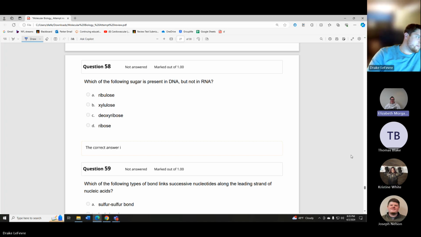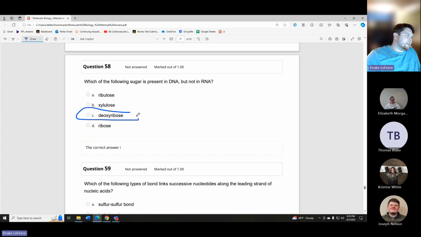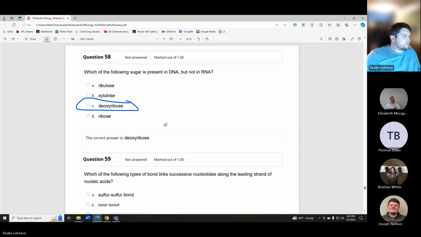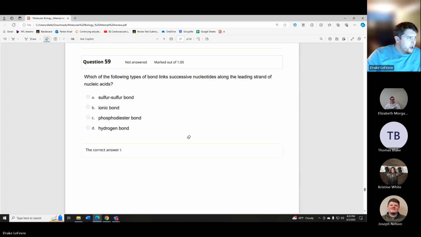Deoxyribose. Yeah, deoxyribose. Which of the following types of bond links successive nucleotides along the leading strand of nucleic acids? This one's phosphodiester. Yeah, these are our phosphodiester bonds.